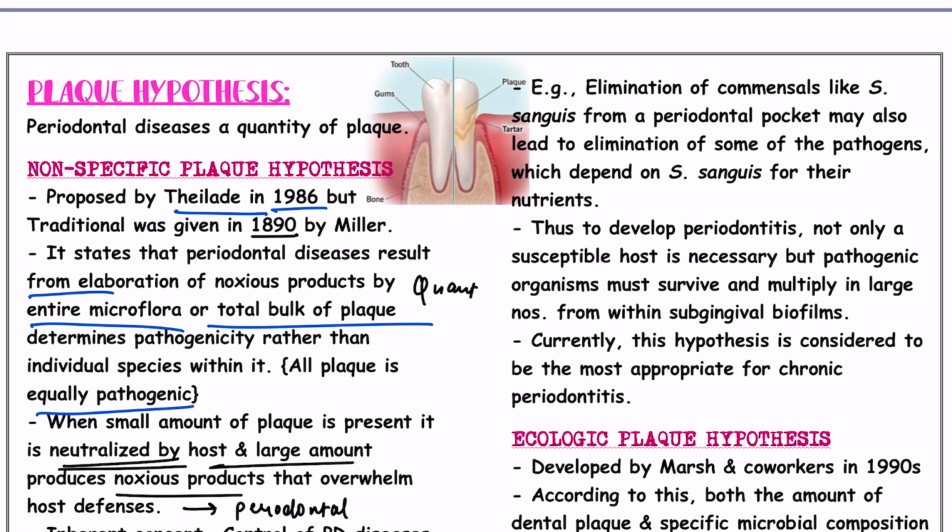The example for this hypothesis is, if there is elimination of Streptococcus sanguis from the pocket, it may lead to elimination of some of the other pathogens also. Thus, to develop periodontitis, not only a host is necessary, but the pathogenic organism must also survive and multiply in larger number. So this is considered a very good hypothesis in case of chronic periodontitis.